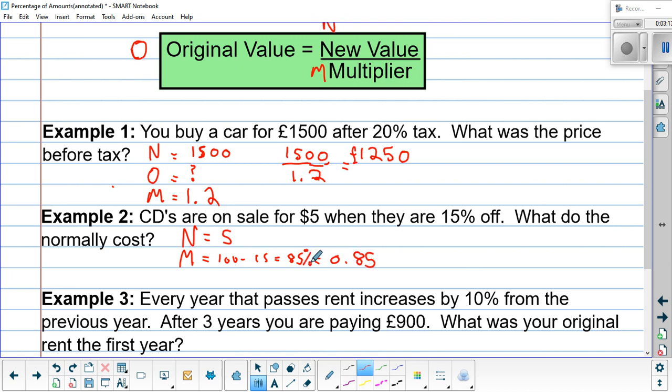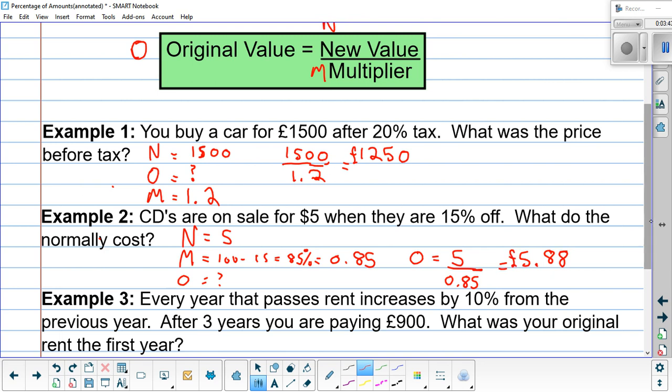So what do they normally cost? That's the original. So O equals, our N is 5, and we're dividing by 0.85. That looks good because when you divide by something less than 1, our number gets bigger, just like when we divide by something greater than 1, it gets smaller. So here, they would have cost 5.88 when rounded off.